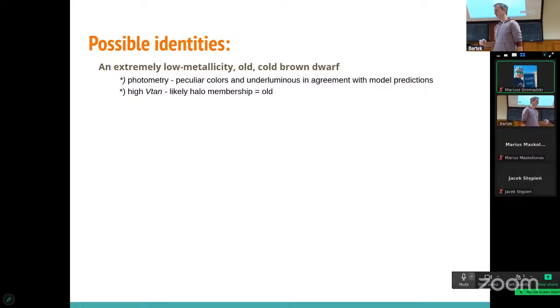Here, the model predictions, which are still at a low level of accuracy, are going in the right direction where the object was measured to be. And also the high tangential velocity was suggesting that it is most likely a member of an old halo population.